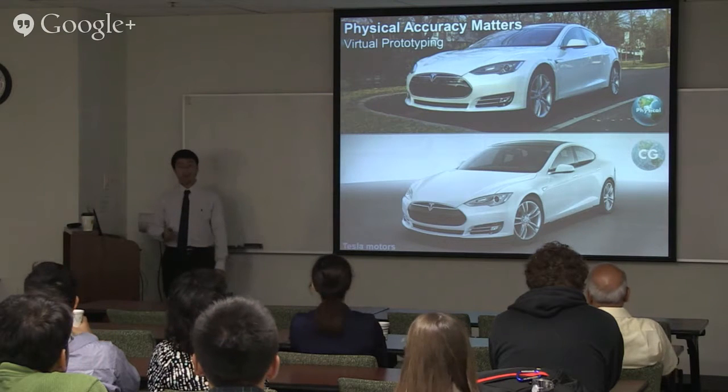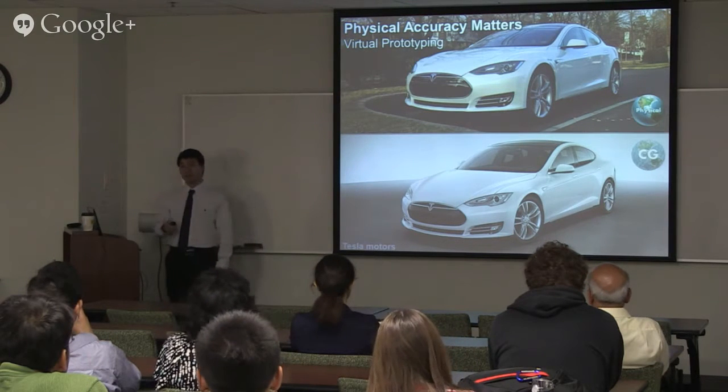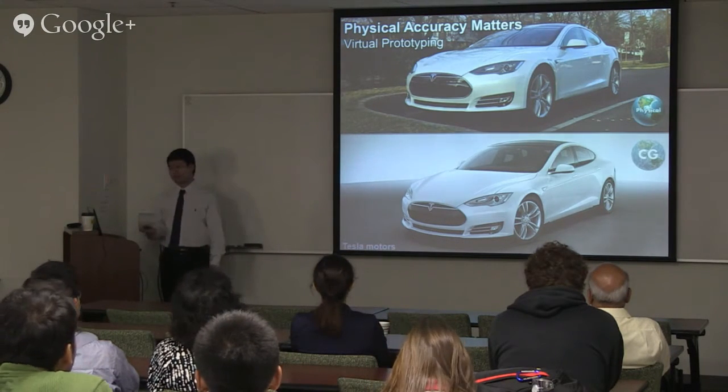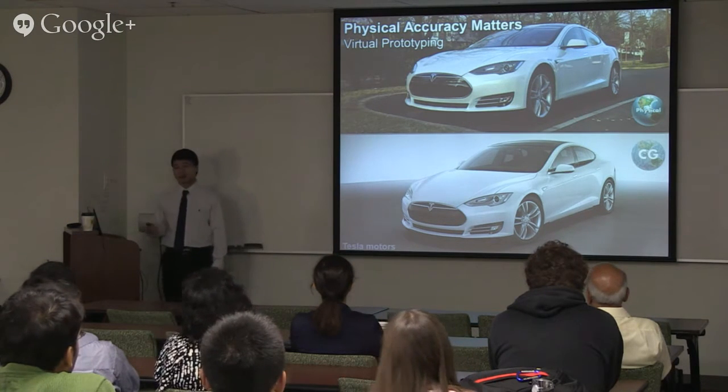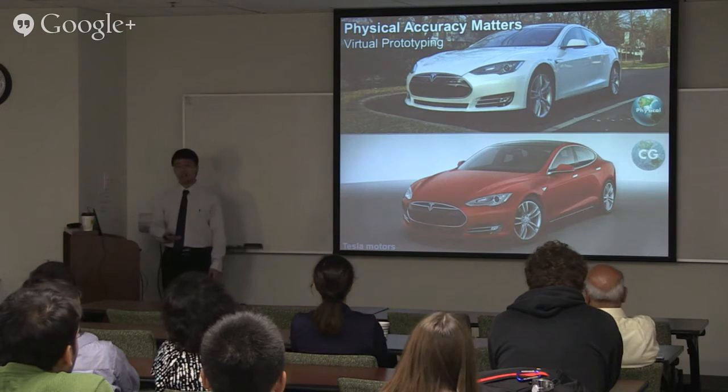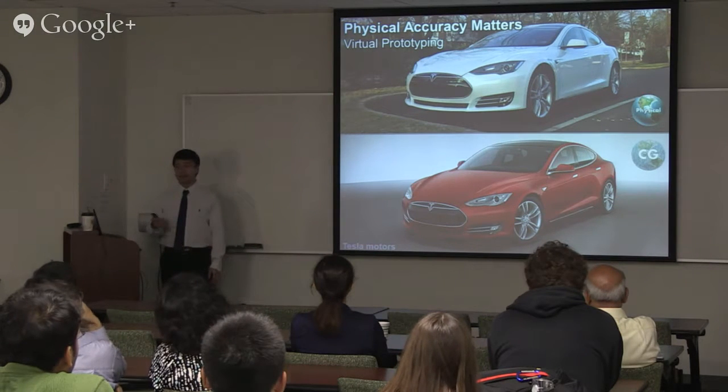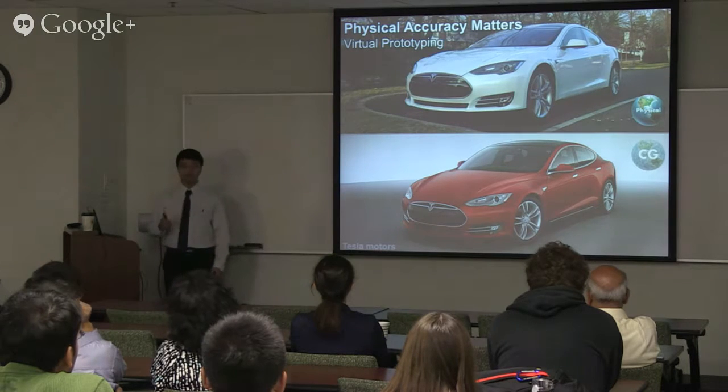In virtual prototyping, computer models are used to simulate the appearance of final products. This technique helps to quickly explore many design options, such as changing the color of this car. Virtual prototyping saves a lot of time and money that would otherwise be required to build physical prototypes.